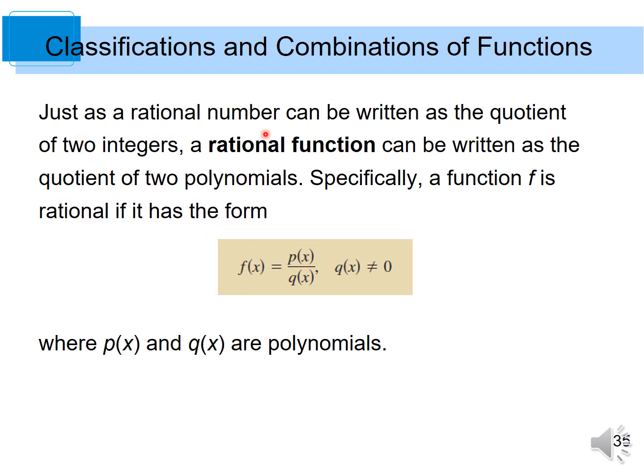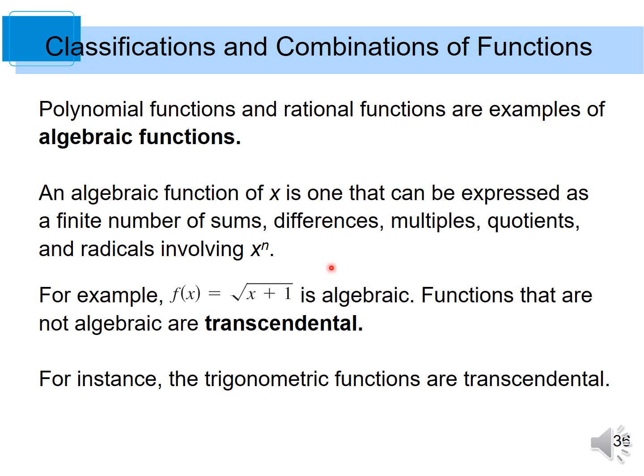Just as a rational number can be written as the quotient of two integers, a rational function can be written as the quotient of two polynomials. For example, this is in the form f(x) equals p(x) over q(x), where q(x) is not equal to 0, and p(x) and q(x) are polynomials. Polynomial functions and rational functions are examples of algebraic functions.